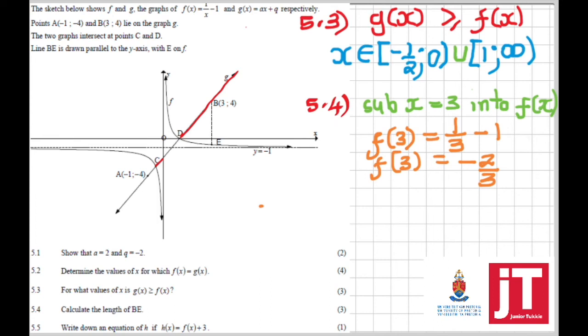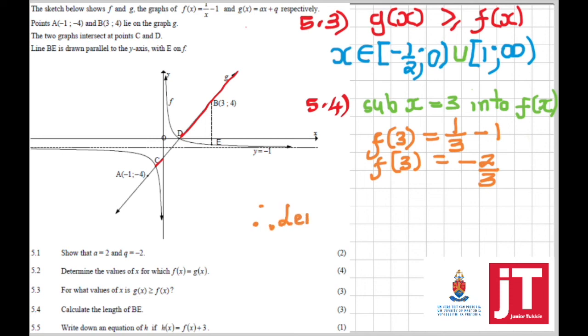Now, to calculate the length of BE, it would be a summation of that line BE in blue and that line in green, the summation of those two. We know that the blue line, which is the distance from the x-axis up to point B, is definitely 4 units, and obviously the distance from the x-axis to point E going downwards is 2/3 unit.